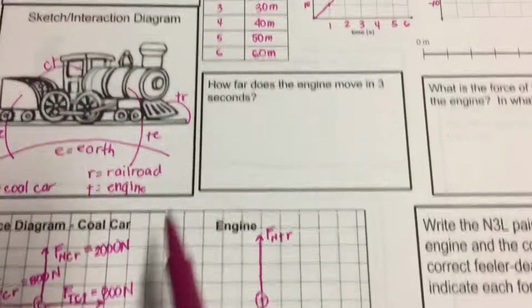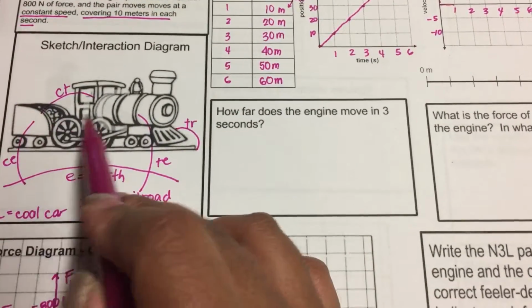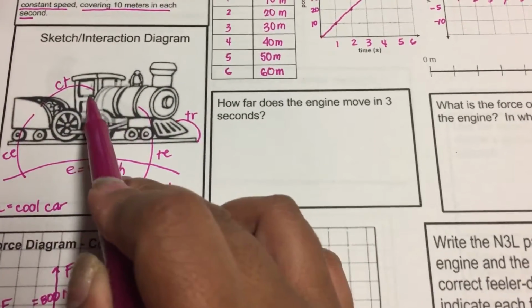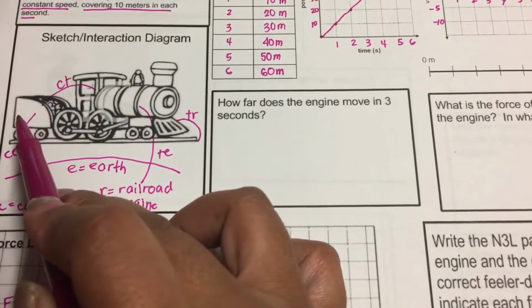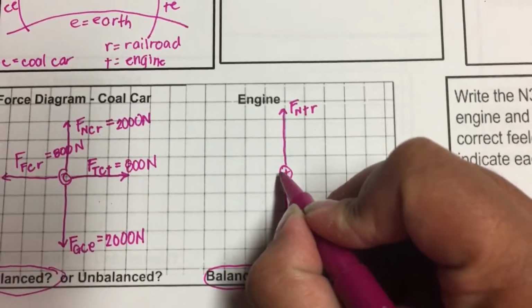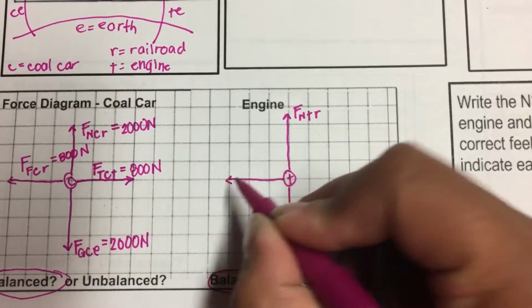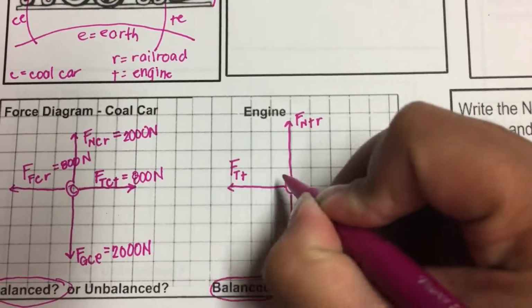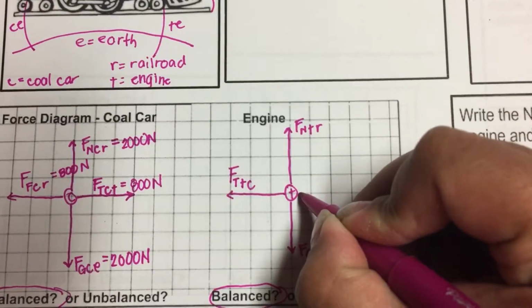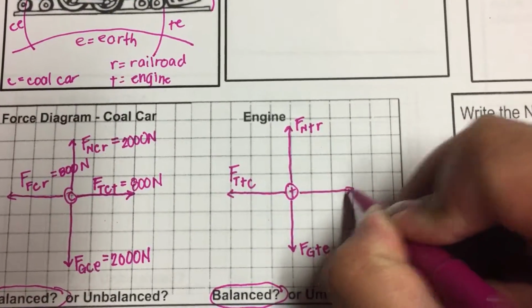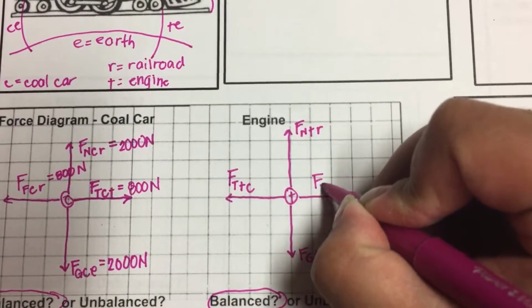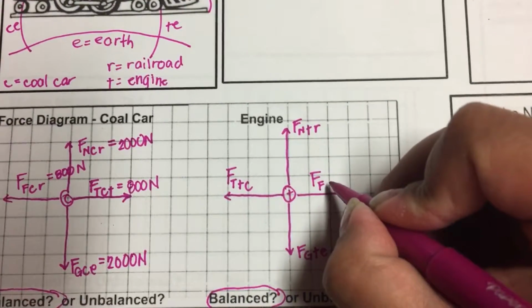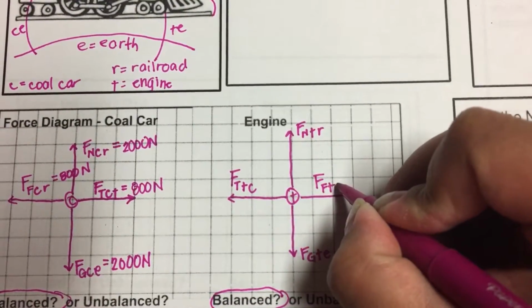Because the engine car is pulling the coal car this way, the coal car is pulling the engine car the other way. So for our picture, the coal car is pulling the engine car in this direction. And we also know that since it's balanced, there must be a friction force on the other side to keep the numbers balanced.